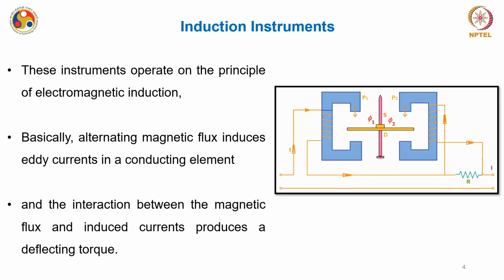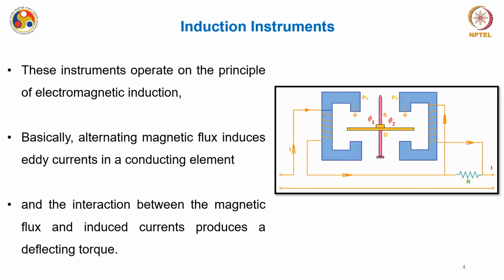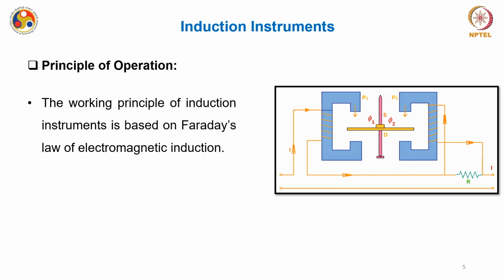The interaction between the magnetic flux, which is alternating in nature, and the induced current produces a deflecting force, which is converted to a deflecting torque. So, we have an alternating magnetic flux which interacts with the current and then produces a torque. We will see this mathematically also, how the current and fluxes are linked together.